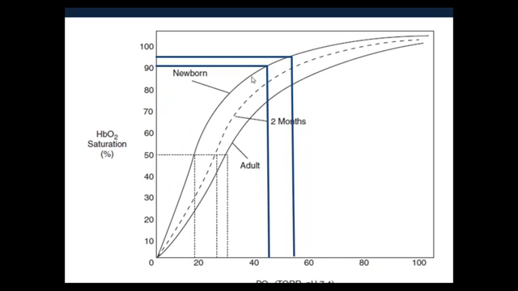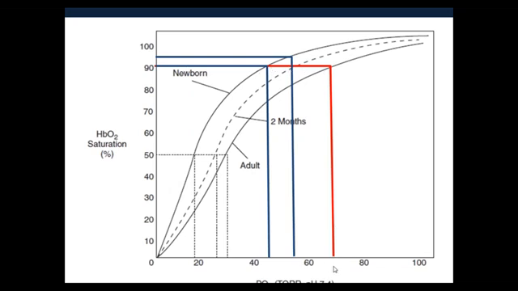Then if you transfuse a newborn with adult hemoglobin, the oxygen saturation curve will be shifted to be almost the same as the adult curve, a little bit shifted to the right. In this situation you need higher partial pressure of oxygen to get the same oxygen saturation.